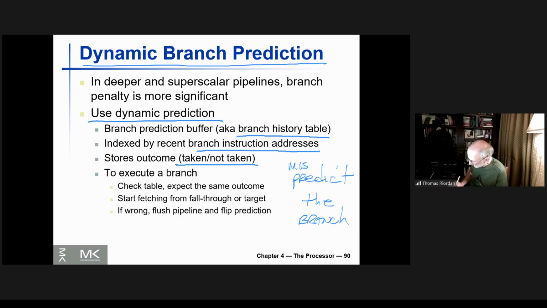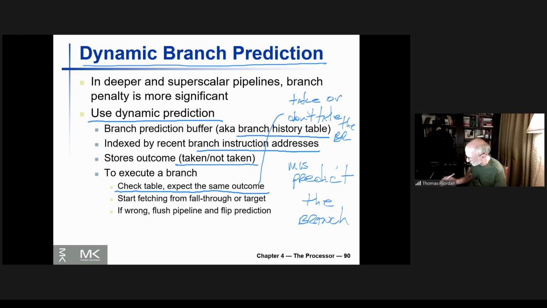So we check the table, and when it says expect the same outcome, that means we take or don't take the branch based on what the table says. What did we do last time?